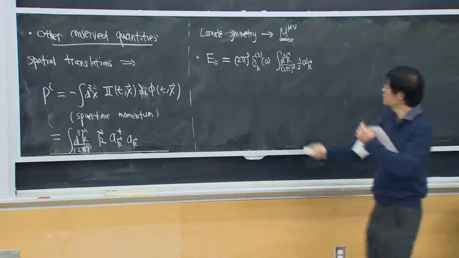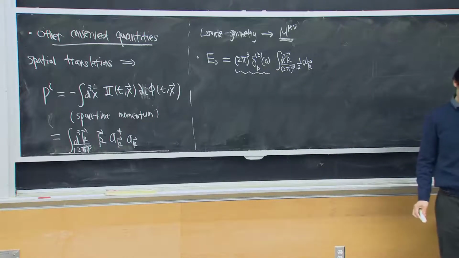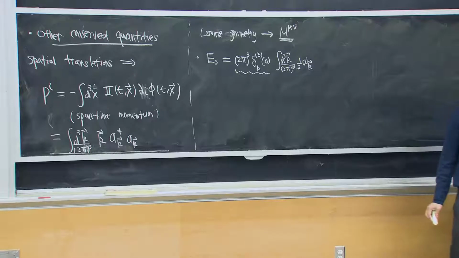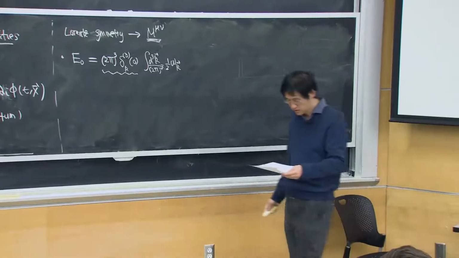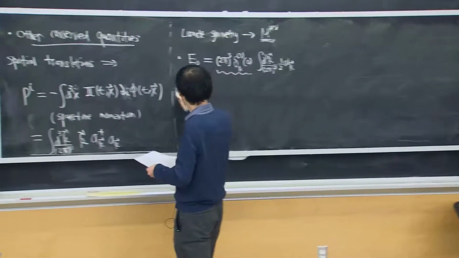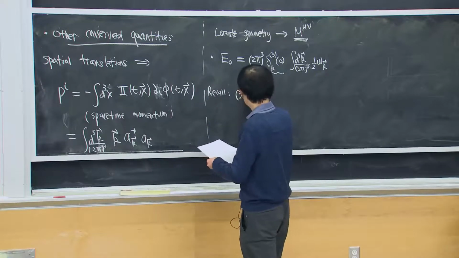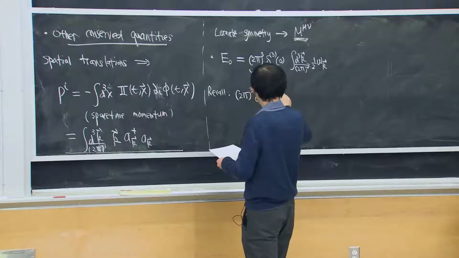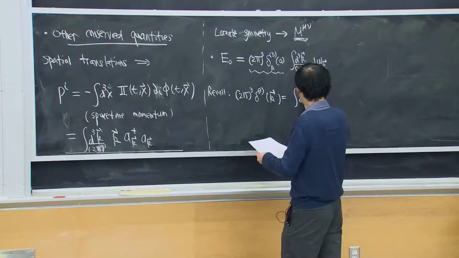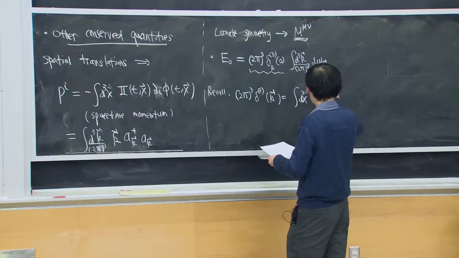Now let's try to understand the meaning of this term. To understand it, we need to do a little bit of mathematical trick. Remember the definition of the delta function: we have (2π)^3 δ^3(k) equal to the Fourier transform of exponential ikx.